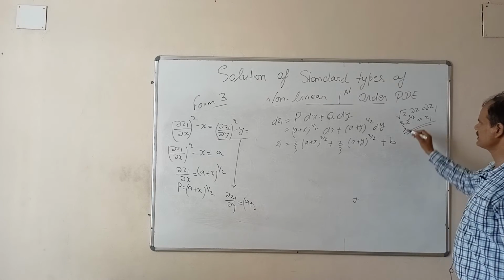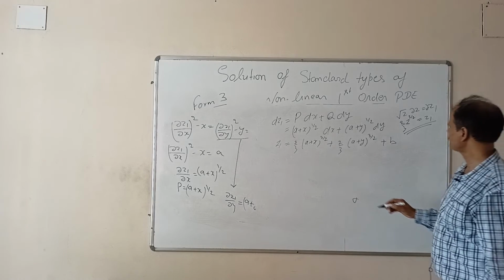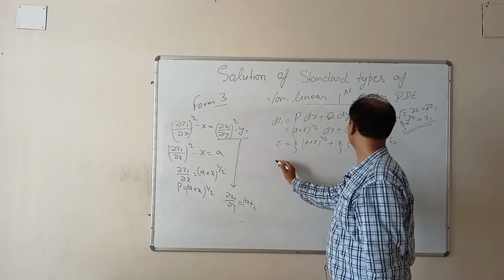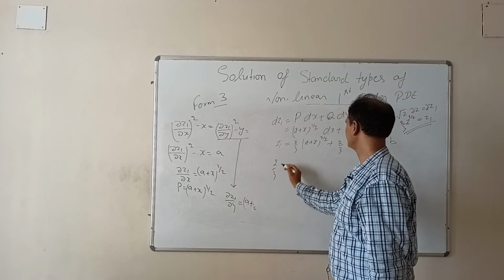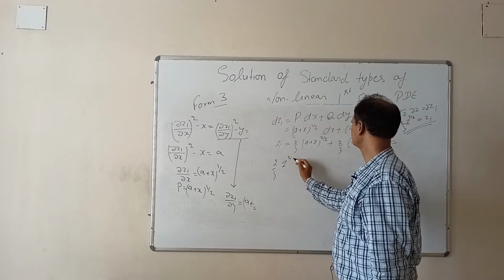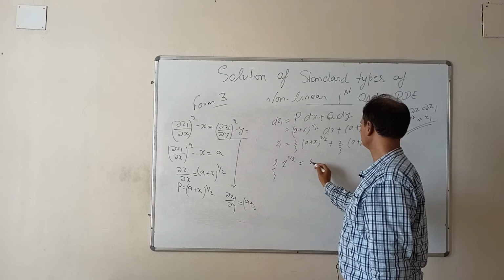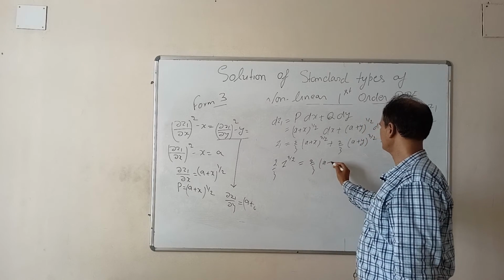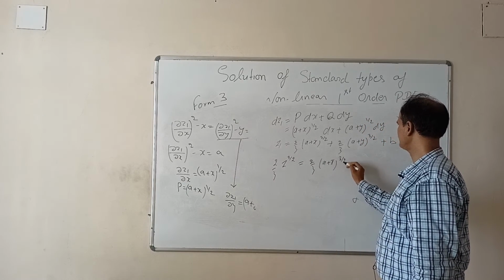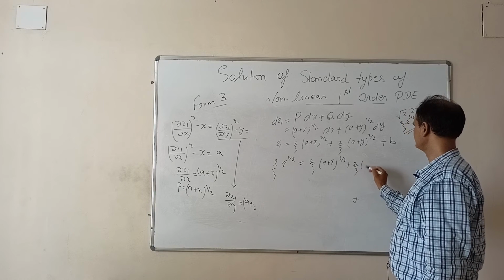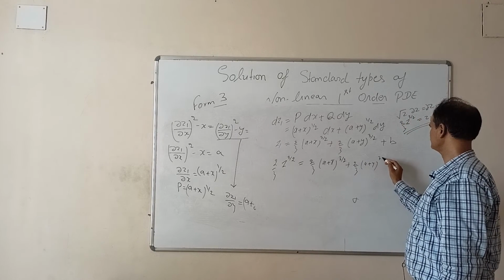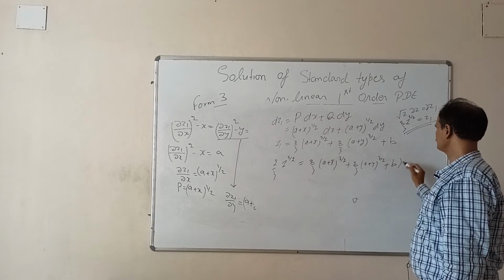So in place of z1 we can write (2/3) z^(3/2). So (2/3) z^(3/2) = (2/3)(a + x)^(3/2) + (2/3)(a + y)^(3/2) + b. So this is your answer.